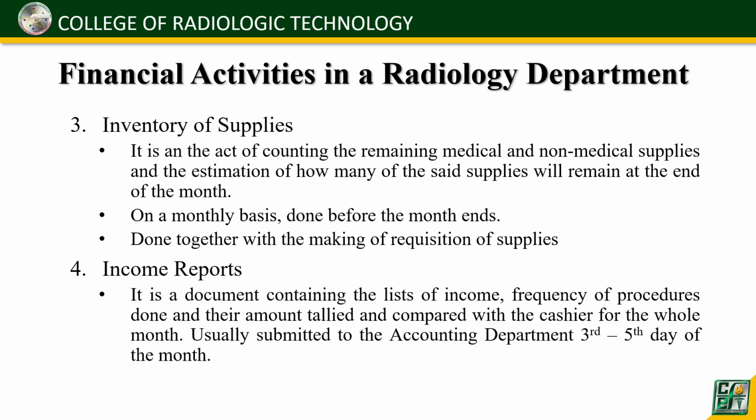So, dapat i-estimate mo rin kung gaano pang karaming supplies yung magagamit ng department ng September 29, September 30. At yun yung isusulat mo sa inventory, yung estimation mo na yun. Okay? So, naintindihan po ba?